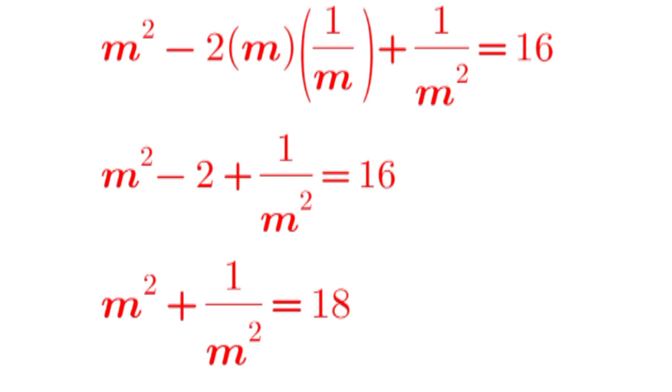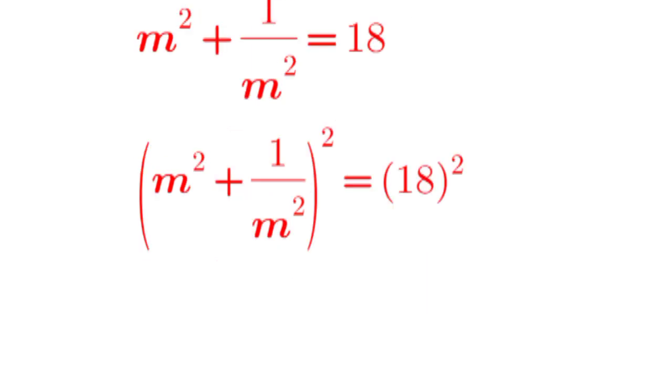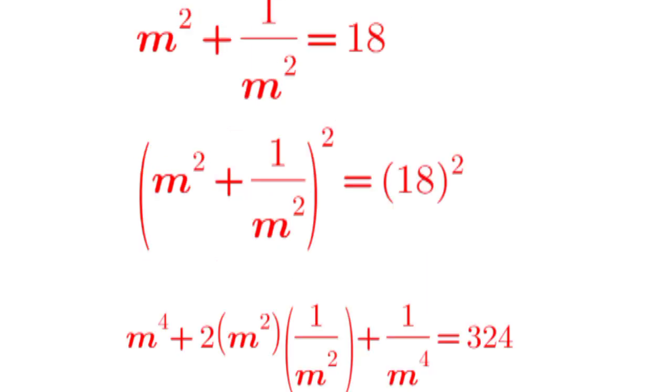Now, the next step we are taking again is to square both sides. So we have (m squared plus 1 all over m squared) all raised to the power of 2 is equal to 18 all raised to the power of 2. Now, this is going to give us m raised to the power of 4 plus 2 bracket m squared, then multiply by bracket 1 all over m squared, plus 1 all over m raised to the power of 4 is equal to the square of 18, which is going to give us 324.